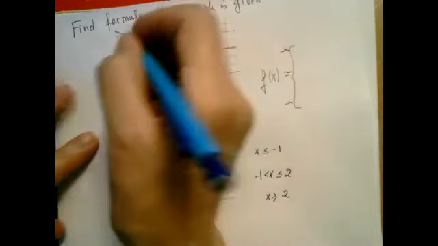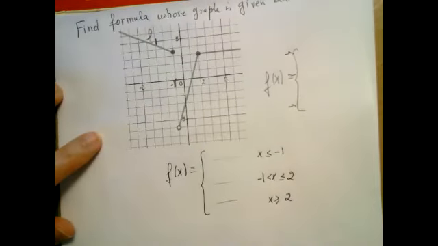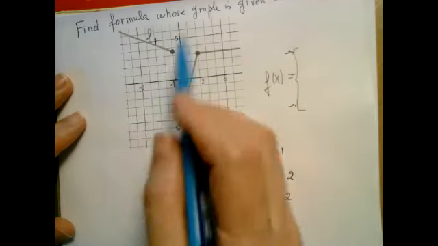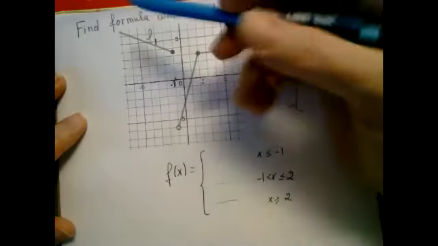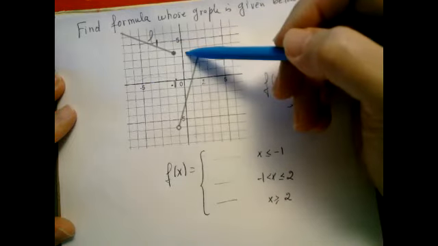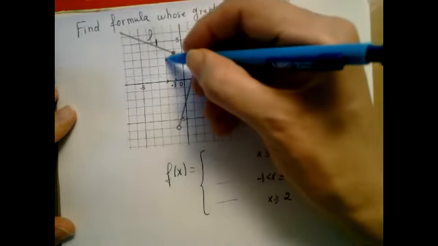All right, this one, I'm going to call this line L1, for example. I want to find the formula for the function up to -1. What it really boils down to is finding the equation of this line. If I know the equation of the line L1, I basically know that if I have an x in here, what the output should be.